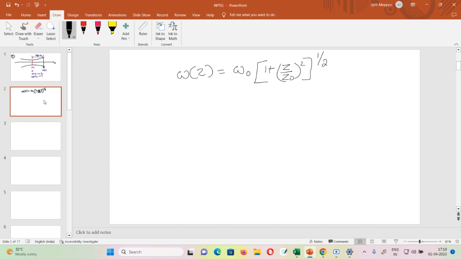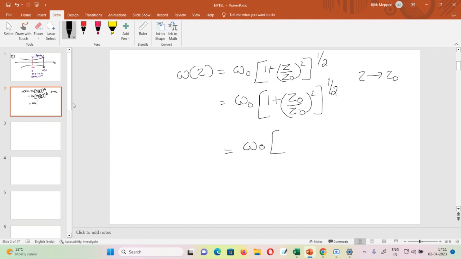Okay, are people hearing now? Okay. Now we move from z to z naught. So omega naught into 1 plus, this z will become z naught, z naught by z naught the whole square, raised to half. So it will become omega naught into 1 plus 1 square, raised to half.